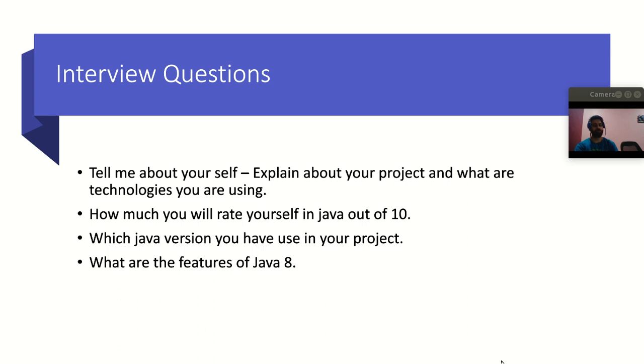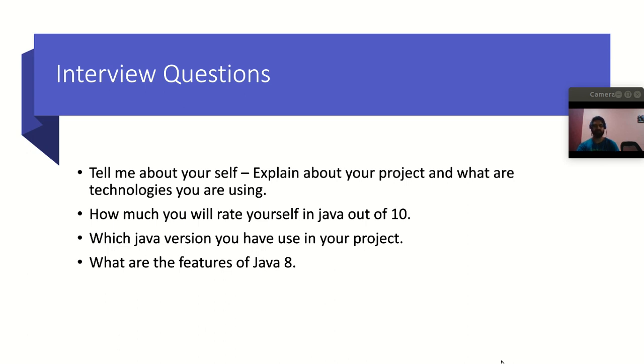Out of 10, it totally depends on the candidate. Someone who has some knowledge can rate themselves as 5, someone who has more knowledge in Core Java and clearer concepts can rate themselves as 7, and someone can rate 9 as well.